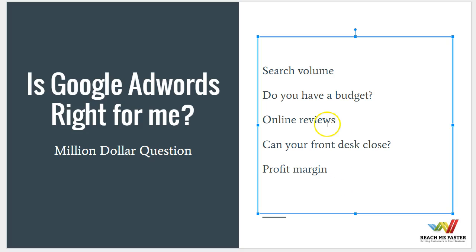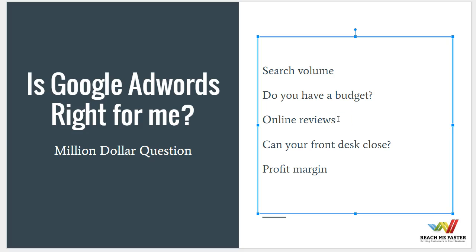Now the third thing to pay attention to is online reputation. It's important that you have some positive reviews on the first page, at least, if somebody searches for your practice name, or for your dentist's name. That's important especially for Google AdWords, but generally any type of advertising, because people look up online reviews and they want to see some good stuff.